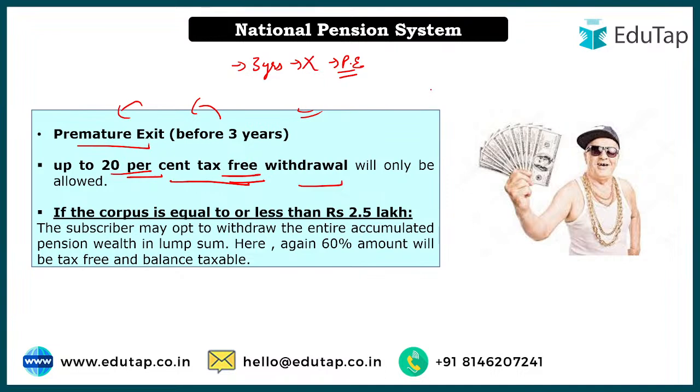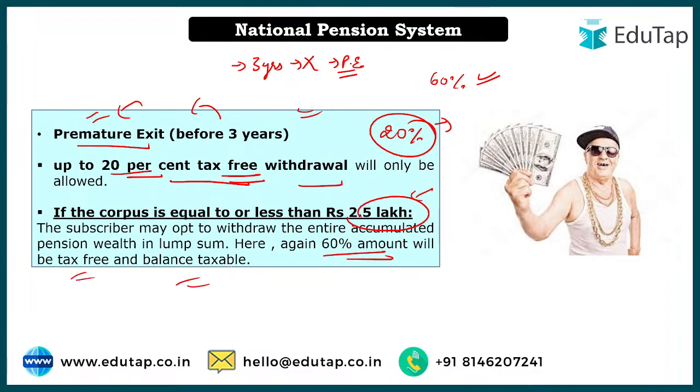So in the normal exit we looked at 60% being tax free, right? But in case of premature exit only 20% is tax free. For the rest of the percentage they would have to pay some tax, okay? And if the corpus is below 2.5 lakh, in that case 60% will be tax free and the balance is taxable.